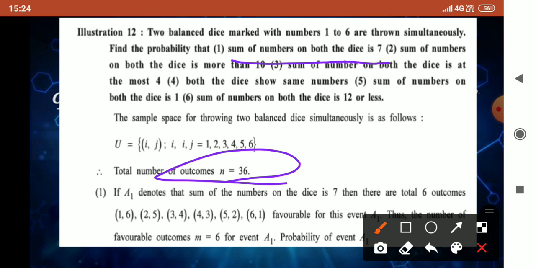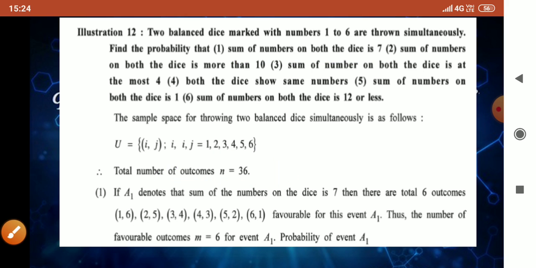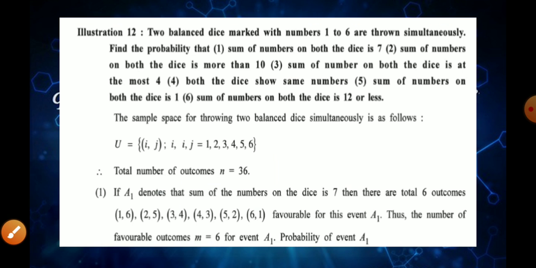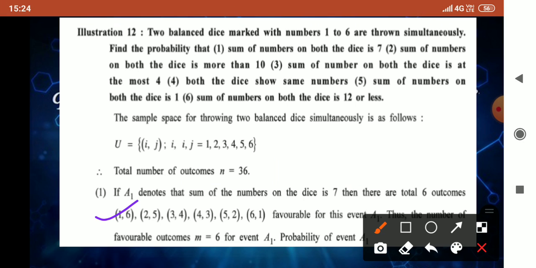Now I will take those numbers whose sum will be 7. See here, 1 plus 6, 7, 2 plus 5, 7, 3 plus 4, 7, 4 plus 3, 7, 5 plus 2, 7 and 6 plus 1, 7. So we have 1, 2, 3, 4, 5, 6.